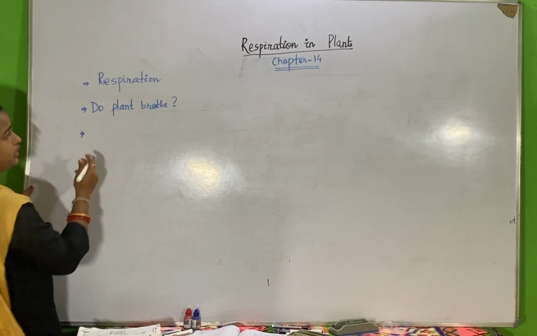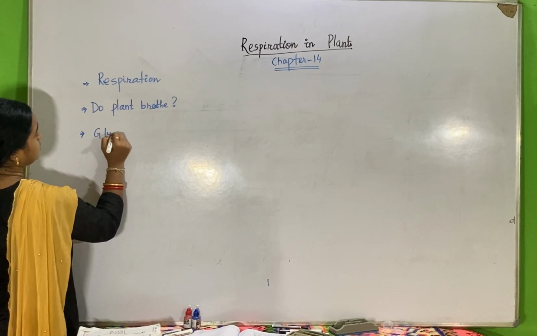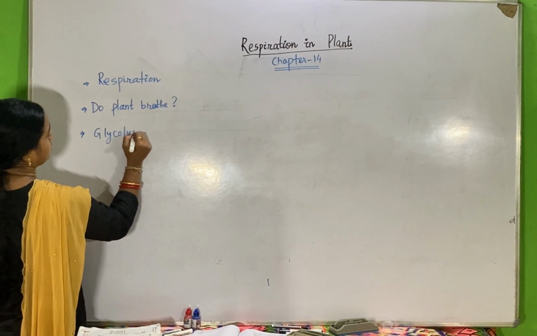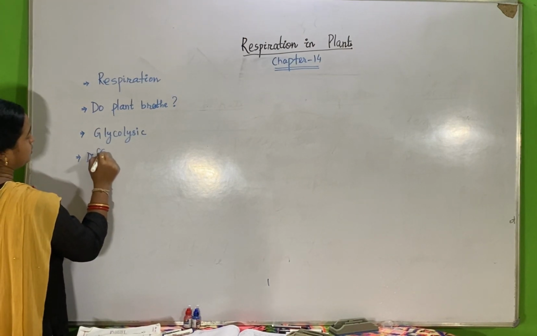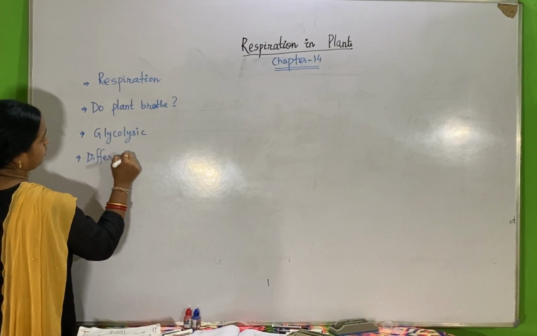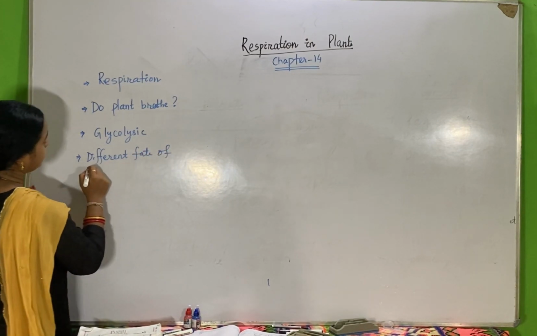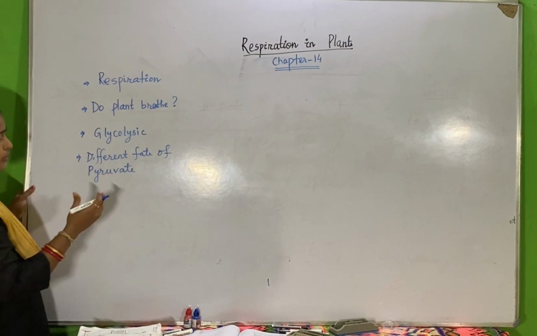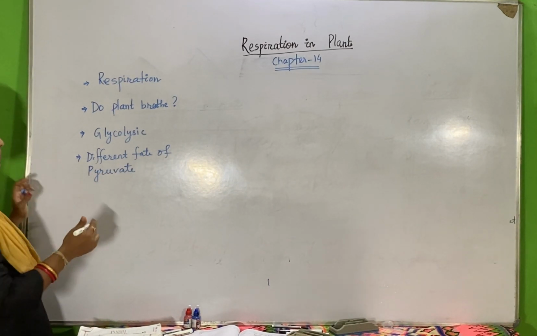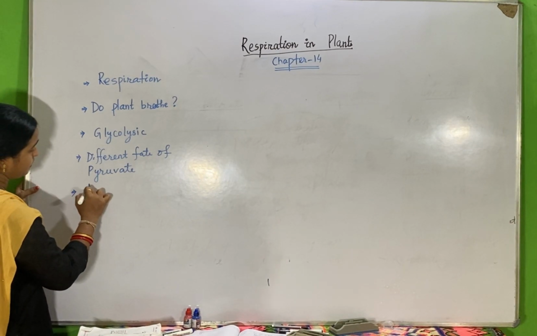Then we will study glycolysis, then the different fates of pyruvate. In this section we will deal with fermentation, Krebs cycle, ETS, and then the amphibolic pathway.